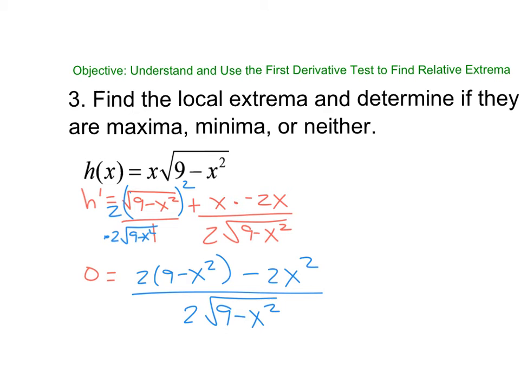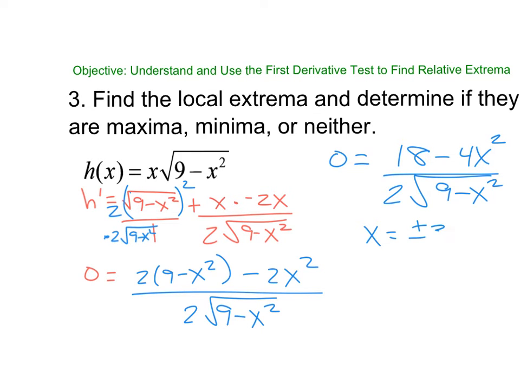Let's see, what's that give us? 18 minus 4x squared all over 2 square root of 9 minus x squared. Let's see. So if we set the bottom equal to 0, we get plus or minus 3.